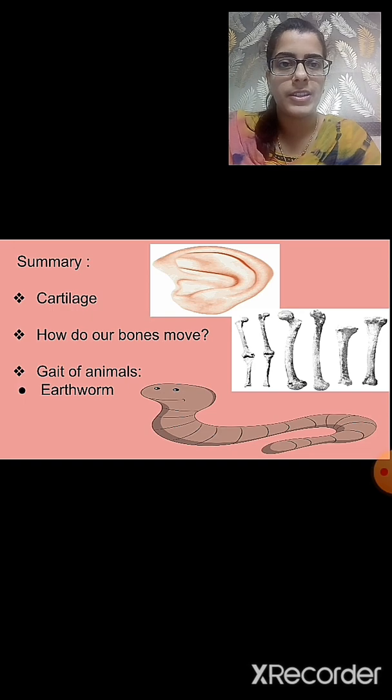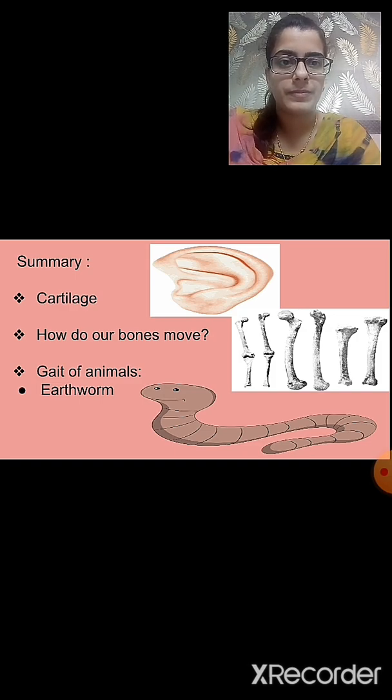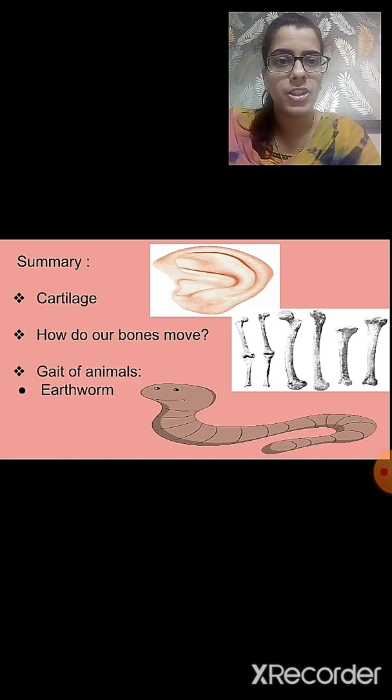The earthworm's body does not contain bones, but there are muscles which help in its movement. Muscles help to extend and shorten the earthworm's body. Repeated contraction and expansion of the muscles leads to the movement. The earthworm's body also contains tiny bristles, which help it to have a good grip on the ground.